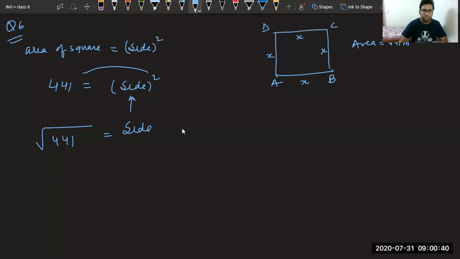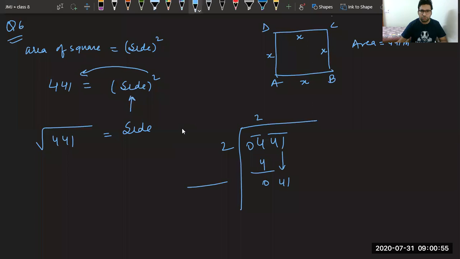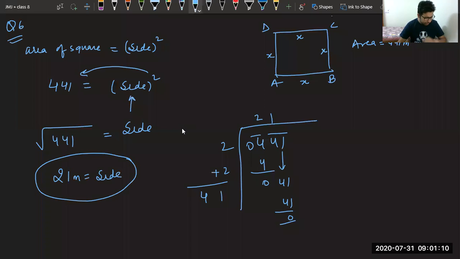Now we can solve it very easily. 441, make the pairs. 2 2s are 4, 0, 41 came down. This 2 is twice, then we can take 1, 1, 41, 0. So the answer is 21 meters is equal to the side. This was very easy. Now let's take the question on a right triangle, question number 7.